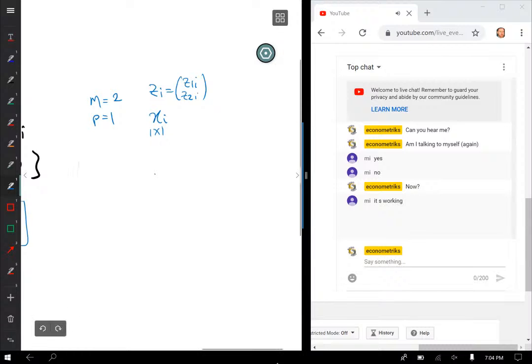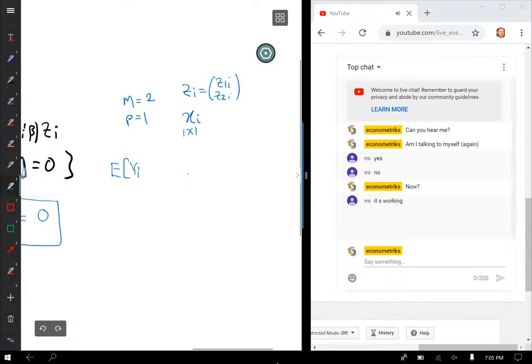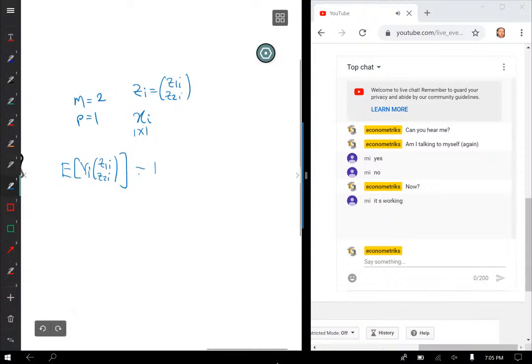We've got our general system: E of y_i, which is a scalar, times the vector Z1i, Z2i, that's a 2 by 1 vector, minus E of Z_i, a 2 by 1 vector, times X_i, which is a scalar now, so we can multiply both elements by X_i times beta, the one scalar coefficient on x, equals naught.